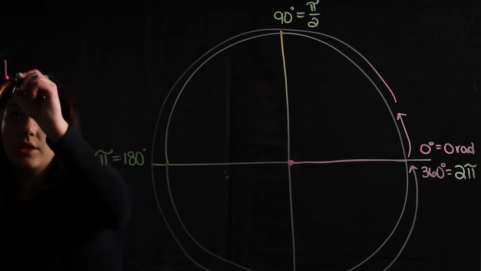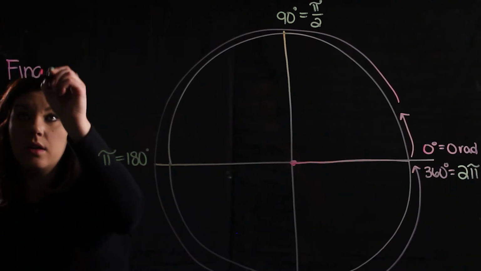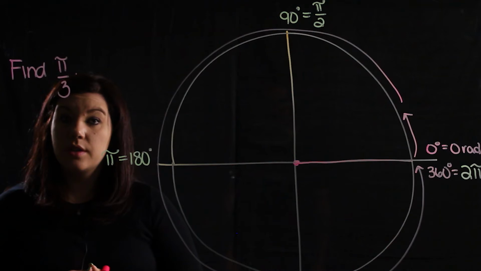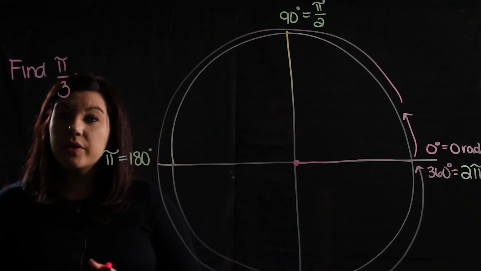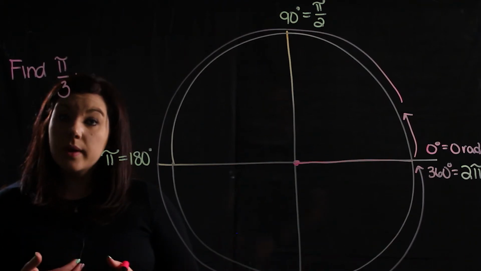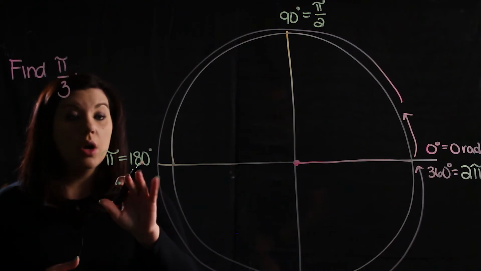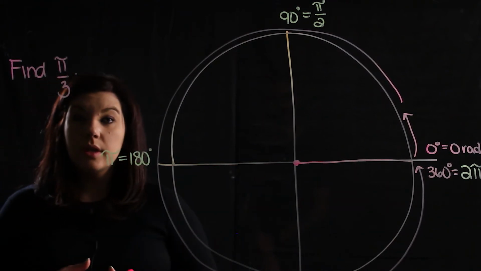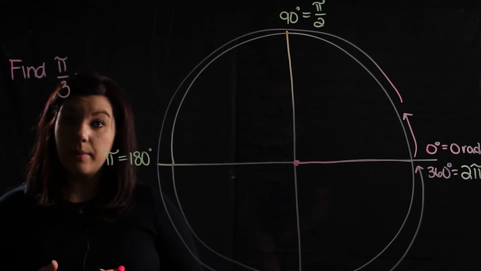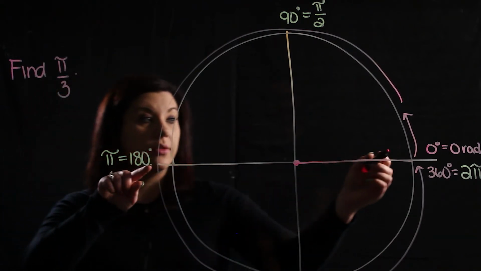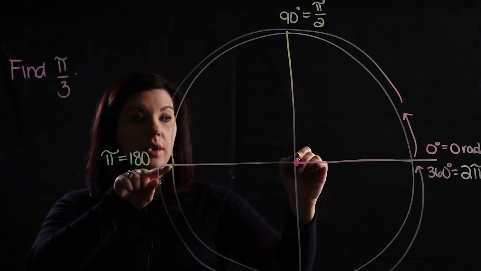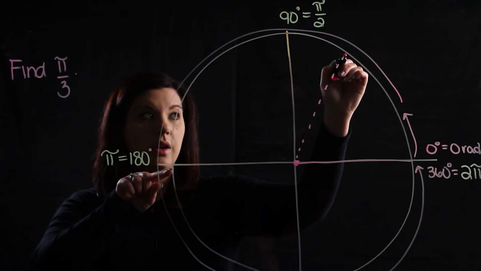So let's say that we are told to find pi over 3 on the unit circle. We'll think about this in 2 different ways. One way that you can think about this is, you know where pi is. It's a half circle. So pi over 3 really means 1/3 of that pi. So if we think about pi as this half a circle, 1/3 of that would be about here.